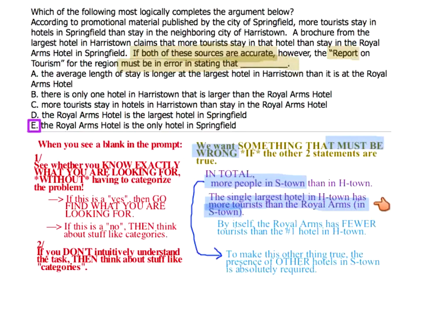Because we already know that you can find one hotel that actually contains more people than the Royal Arms. So if you have one hotel that contains more people, then of course if you added them all up, they would have even more people. So C is not only not the answer we want, but C must be true. So C is the opposite.